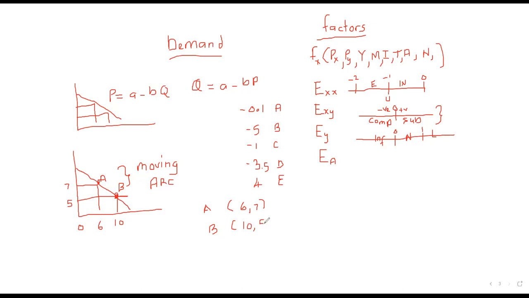So this is our Q, and this is our price. Q is always here, price always here. So the elasticity of demand is simply the percentage change in quantity over price.